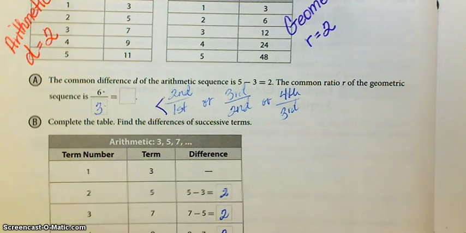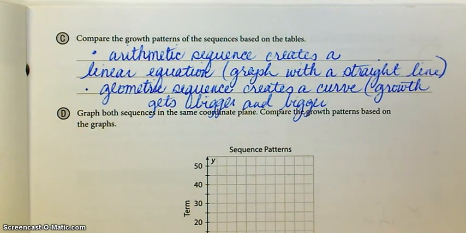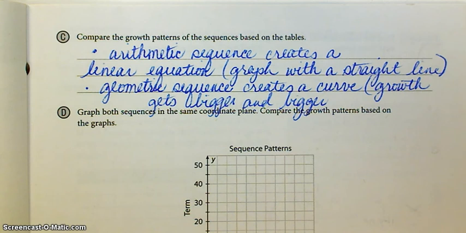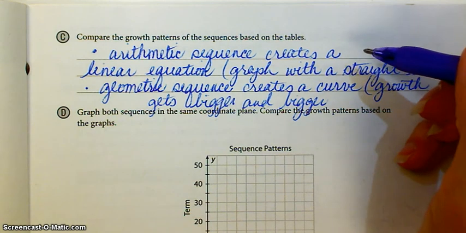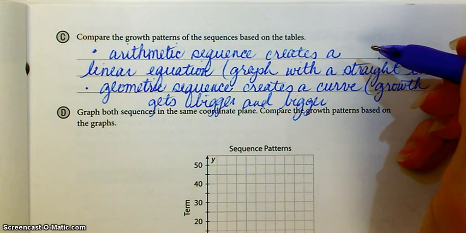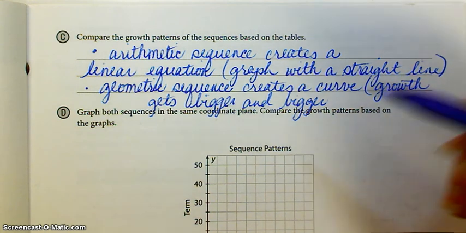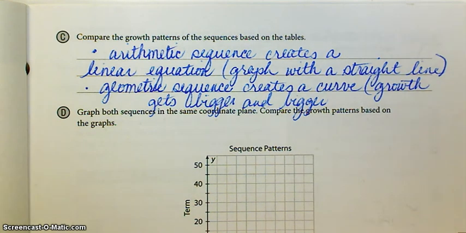All right. Let's look at how these sequences look when we start to graph them. An arithmetic sequence creates a linear equation. The graph is a straight line. A geometric sequence creates a curve because it's doubling each time. Okay, so I will show you in just a second what that looks like.